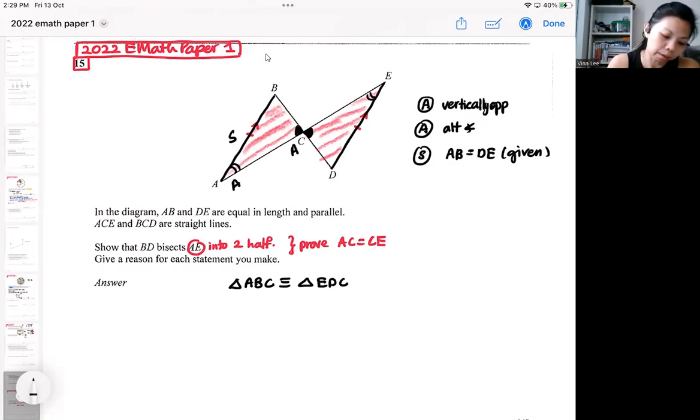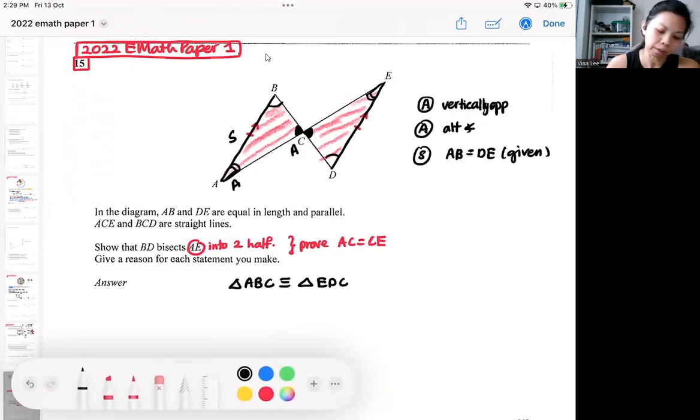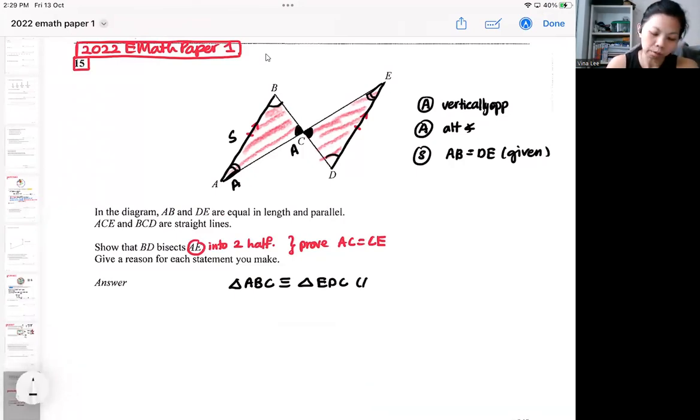So make sure angle A matches with angle E. Then make sure angle B here matches with angle D, also by alternate angle. And obviously C will be corresponding to each other. So make sure the alphabet will correspond. So you will be able to prove that these two triangles are congruent by AAS.